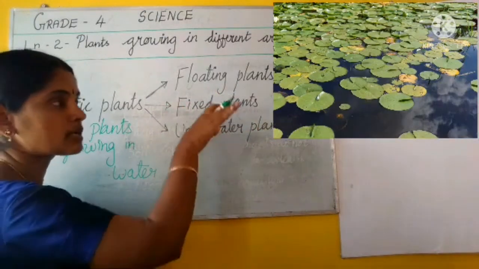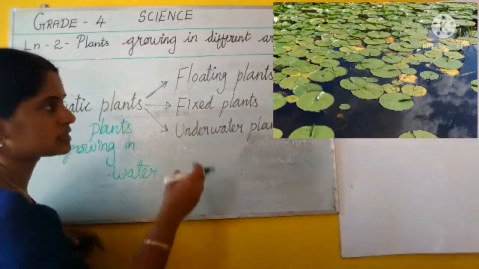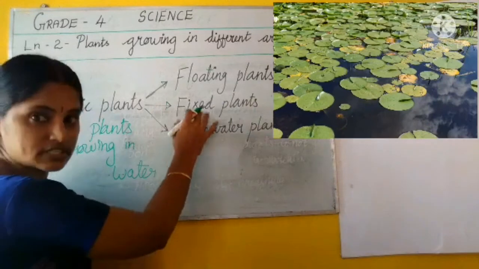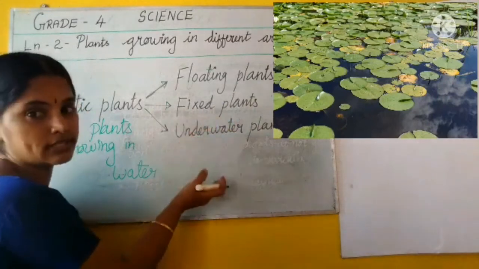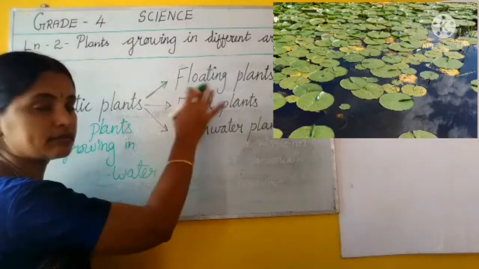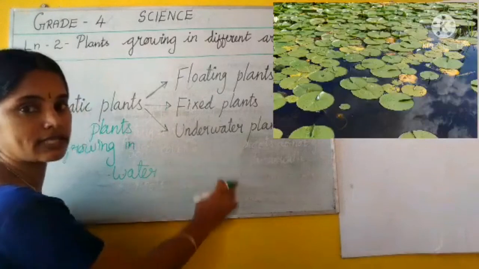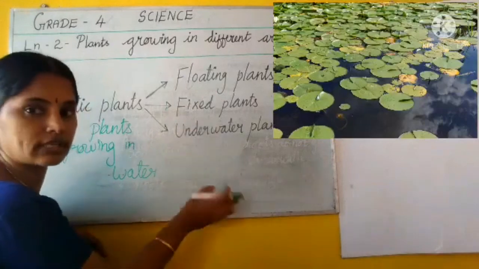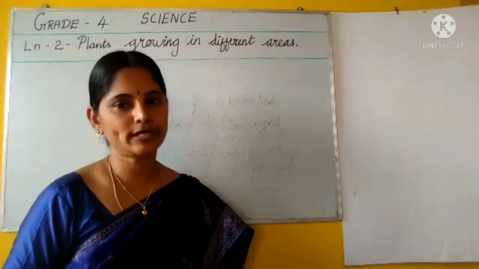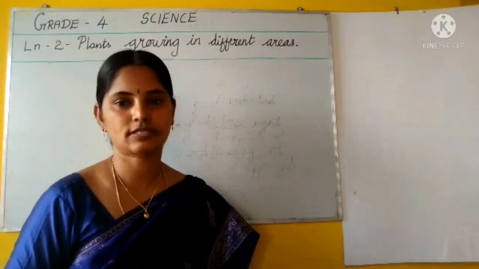And some plants are submerged underwater. Floating, submerged or underwater plants, some plants are submerged in water. About aquatic plants we will see in our next video class.